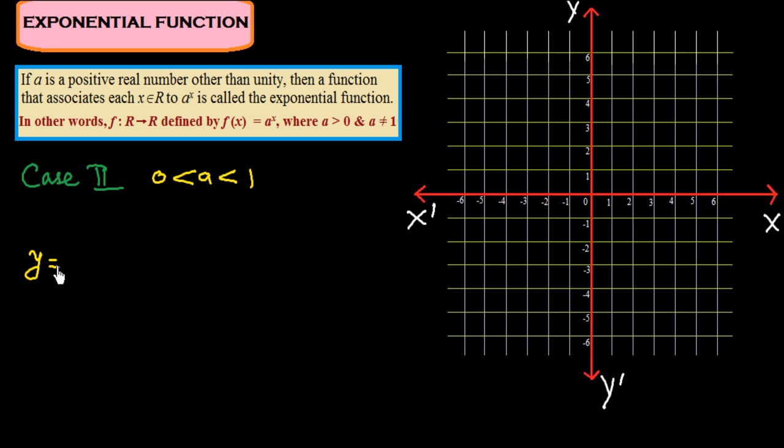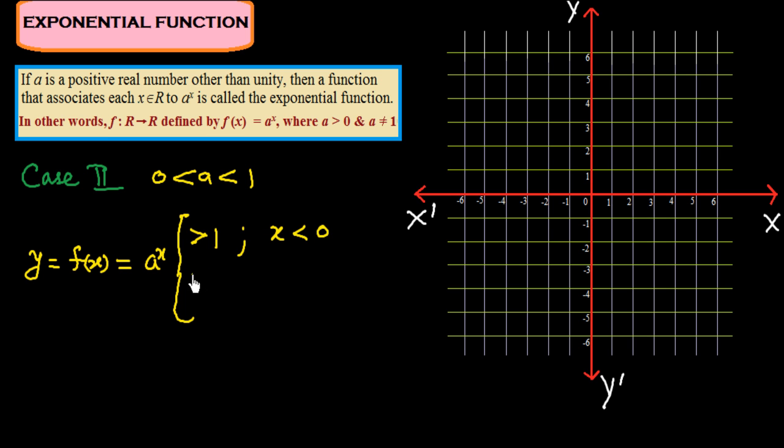If I draw this graph, I explain you y is equal to f of x, which is equal to a power x. Now we put here some conditions. It is greater than 1 if we have x is smaller than 0.